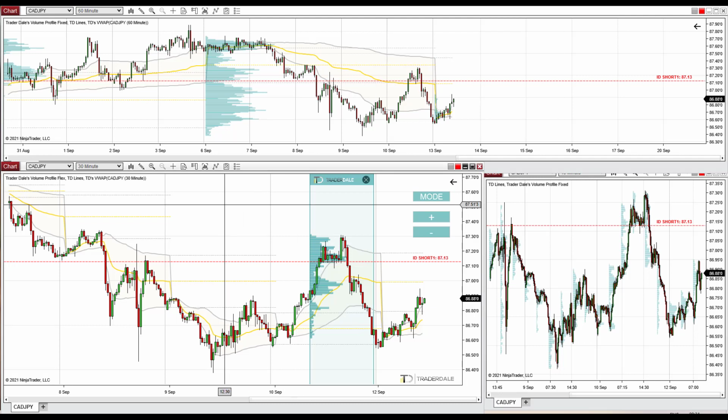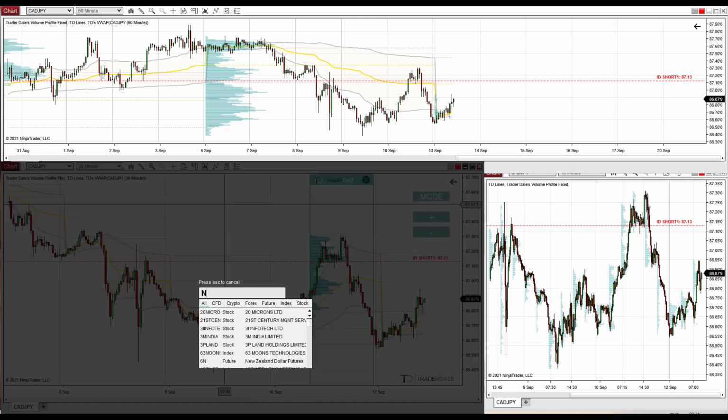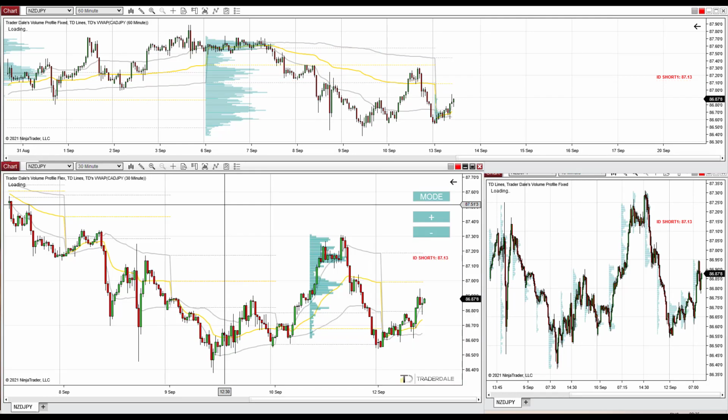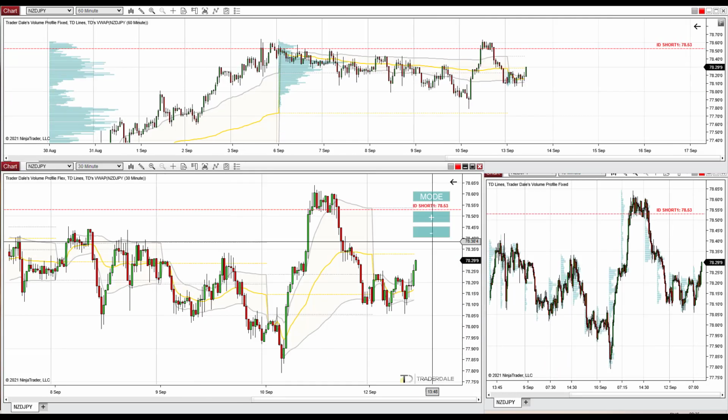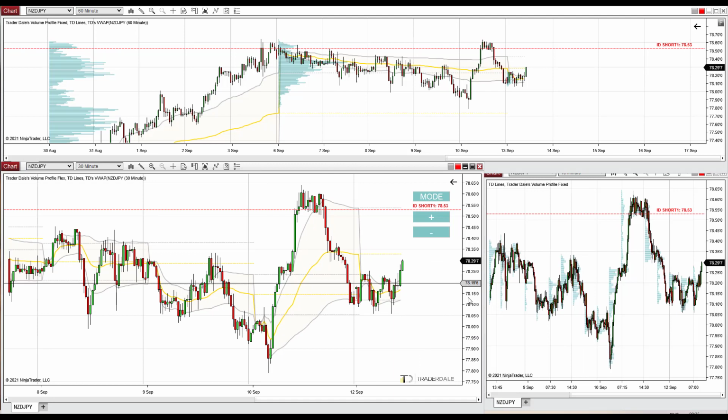Now I have one more trading idea for you. It's on the New Zealand dollar, Japanese yen, so let's check it out. So now all three charts show the New Zealand dollar, Japanese yen, and in this case it's pretty similar to the previous case.